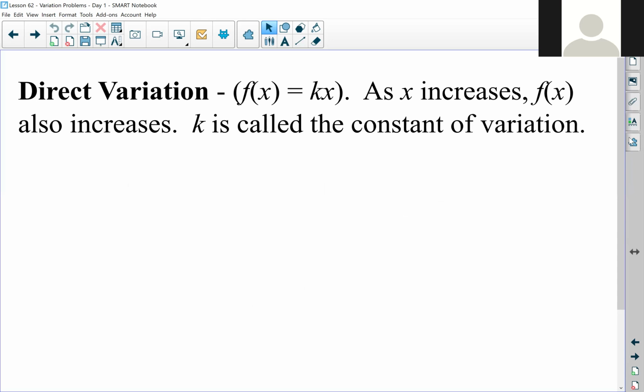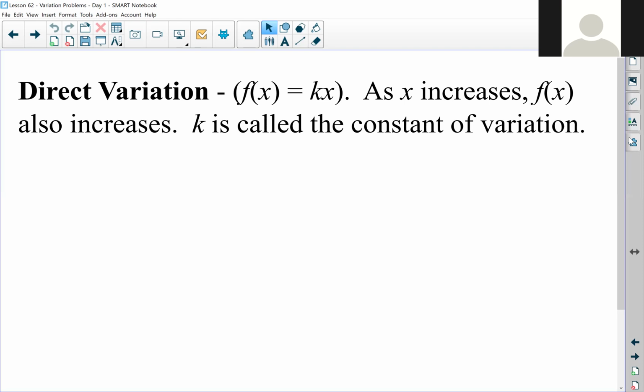And you may remember this from Algebra 1 or Algebra 2 or Algebra 3 maybe even. But for direct variation, the form is f of x equals k times x. So as x increases, f of x also increases. And the k is just called the constant of variation.